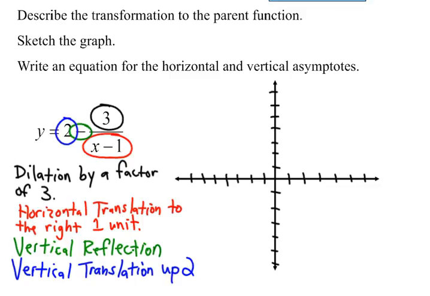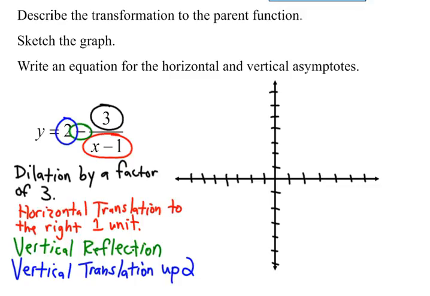Now we're ready to sketch the graph. So we're going to sketch the graph by starting with the asymptotes. Now remember with the parent function, 1 over x, that the asymptotes were x equals 0 and y equals 0. Well, those asymptotes are going to translate however the graph translates. So for example, we know there's a horizontal translation to the right 1 unit.